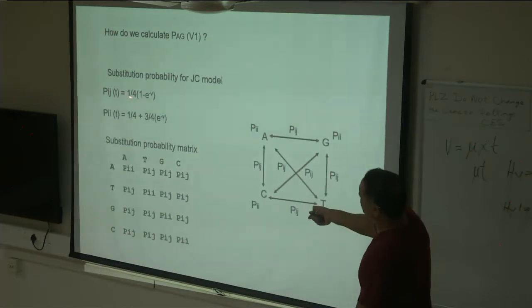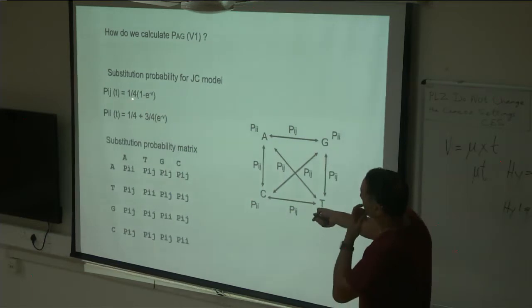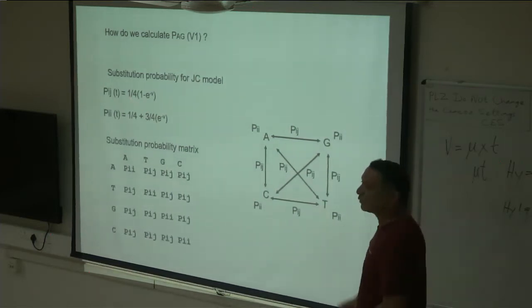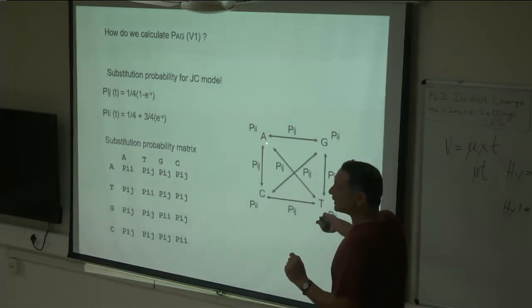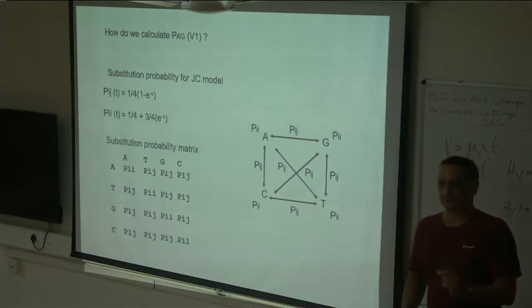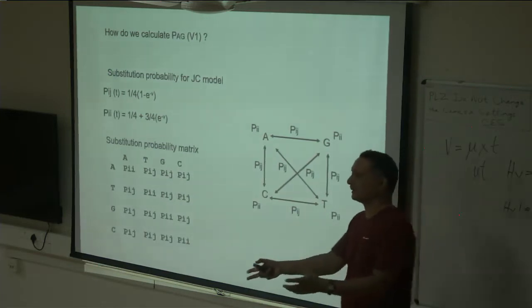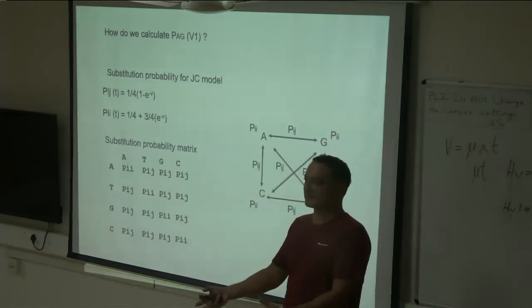So Pij is then basically, you want a change. So 1 by 4 is the probability of change from one particular base to one other base. It's again, four balls in a basket.